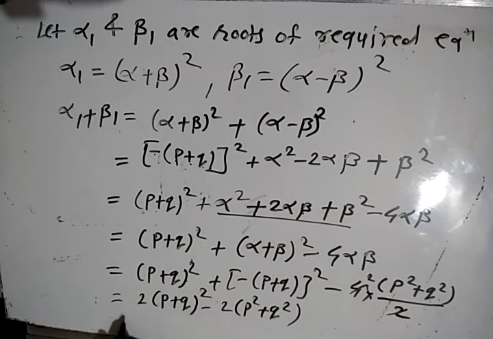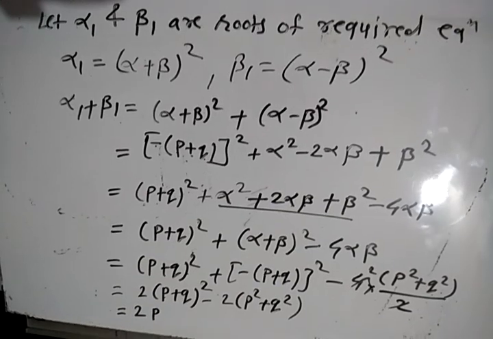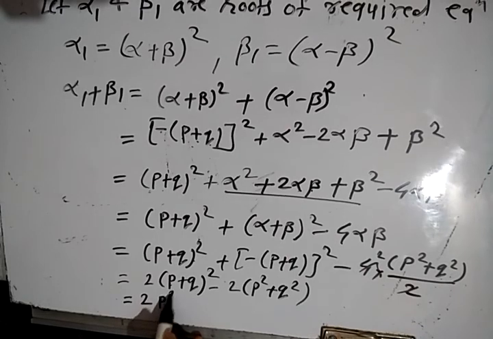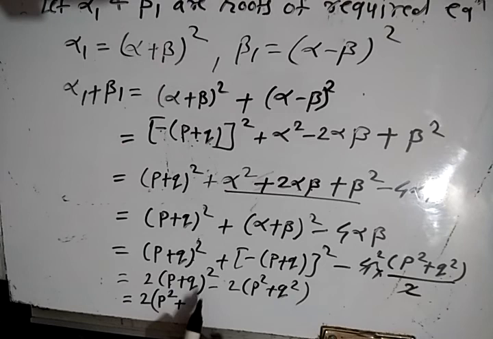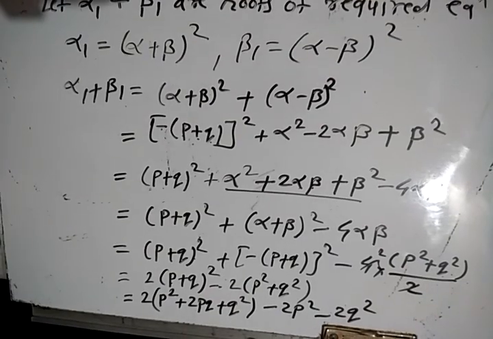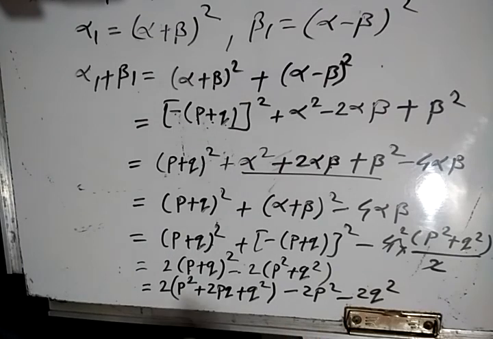Write down the expansion: 2 as it is, p square plus 2pq plus q square, minus 2p square minus 2q square. Write on the expansion of this and we get this statement.